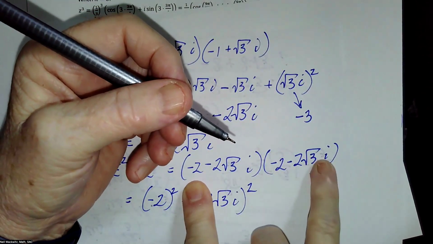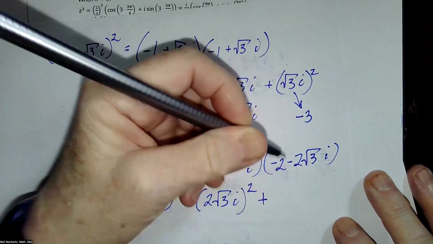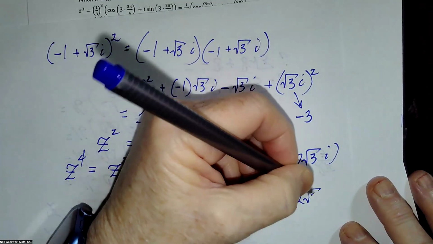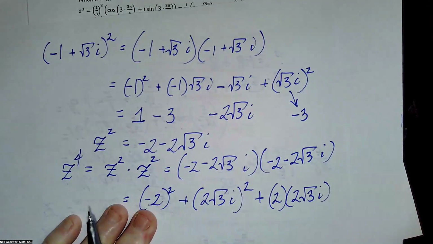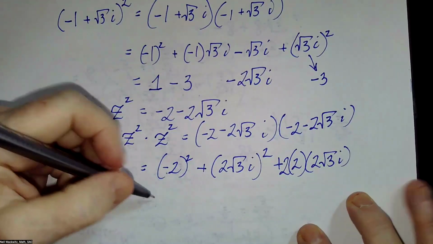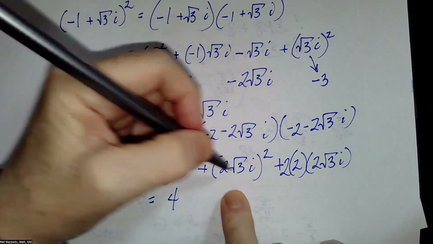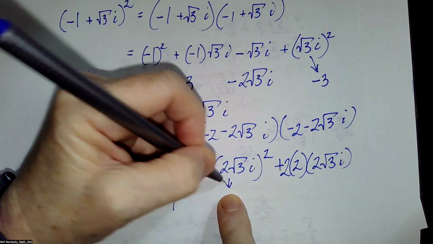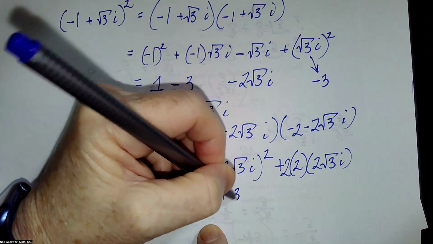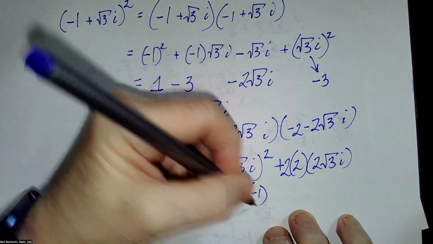Negative 2 times negative 2 square root of 3i. And then we're going to have another of that same term. So now I've got 4. 2 squared is 4. Square root of 3 squared is 3. And I squared is negative 1.